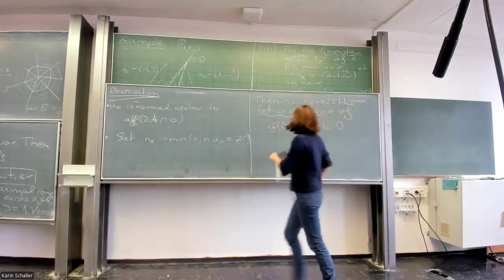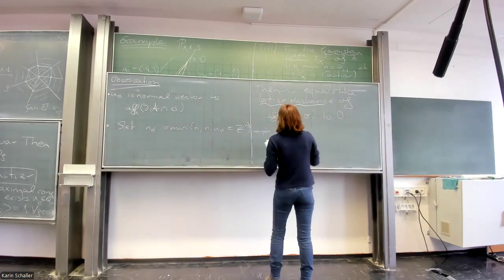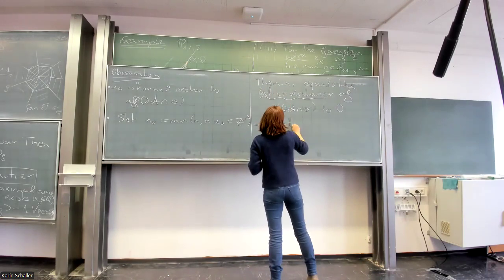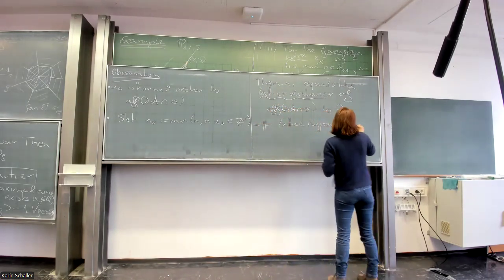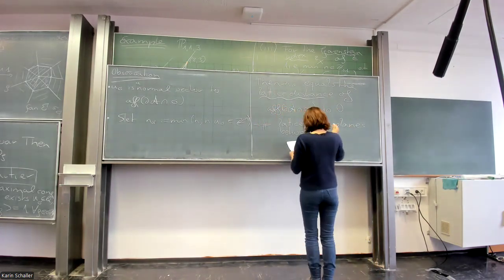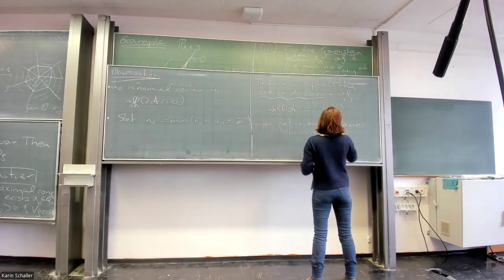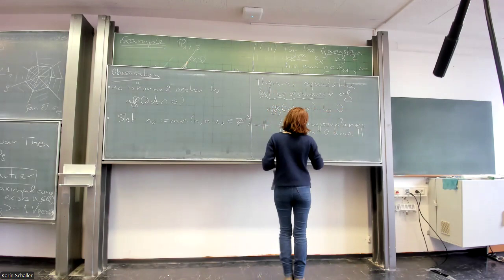And now we look at what the lattice distance is. This is just the number of lattice hyperplanes between 0 and h, so being parallel to h.